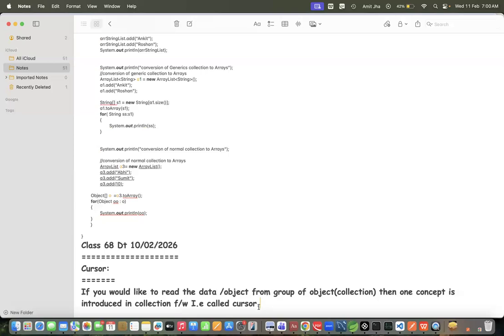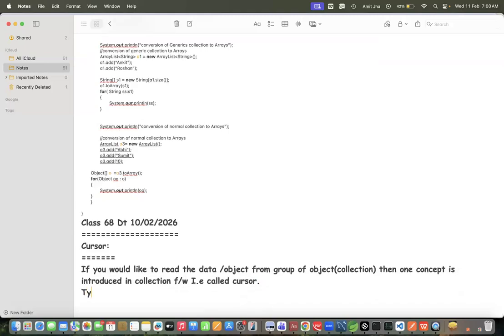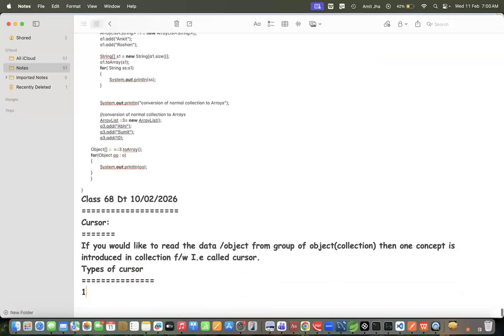We have different types of cursor in our collection framework. So see, types of cursor. First cursor name is Enumeration.